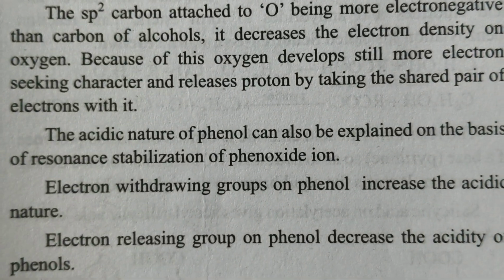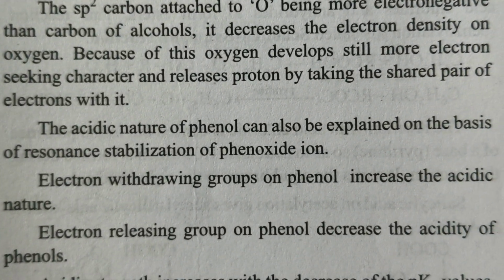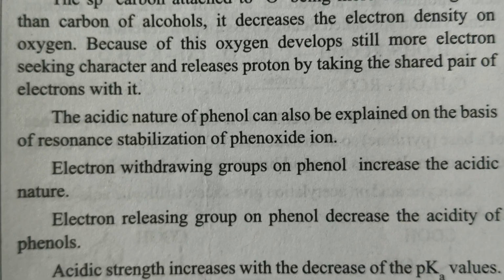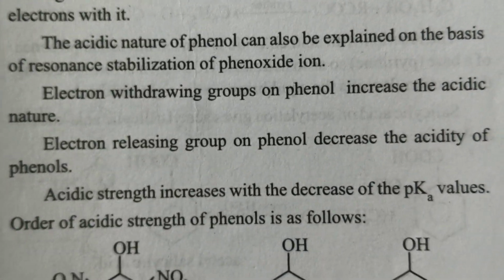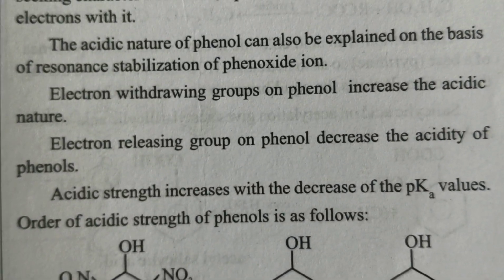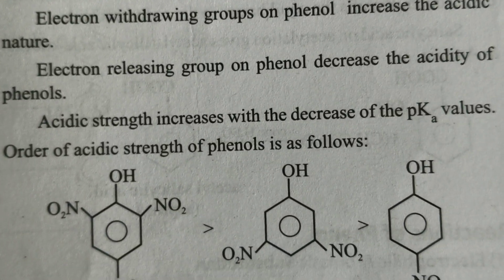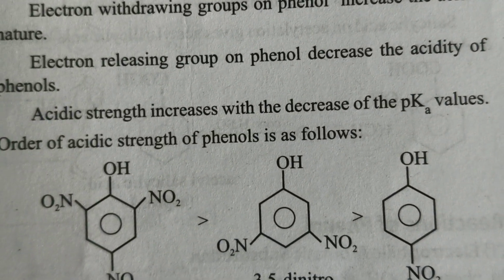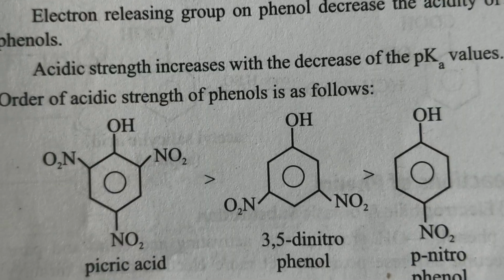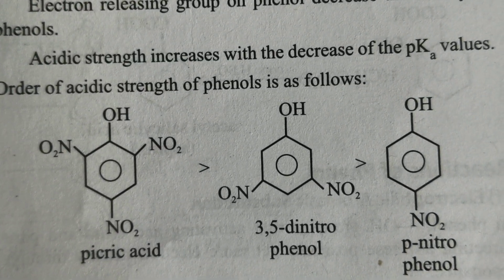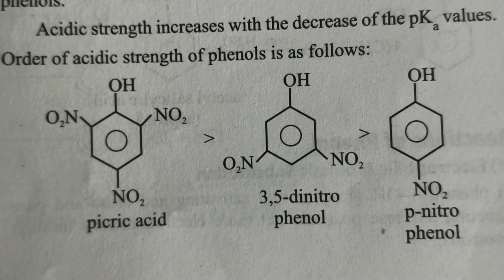The acidic nature of phenol can also be explained on the basis of resonance stabilization of the phenoxide ion. Electron withdrawing groups on phenol increase the acidic nature. Electron releasing groups on phenol decrease the acidity of phenols. Acidic strength increases with the decrease of the pKa values.